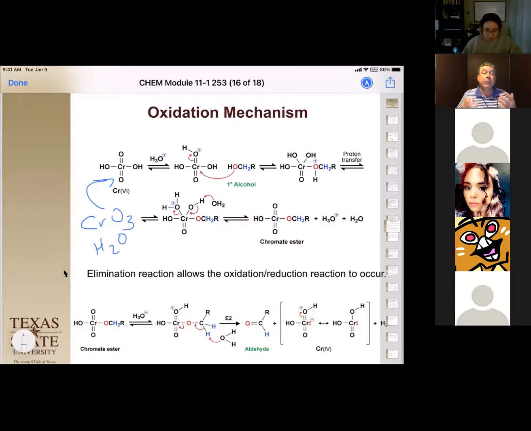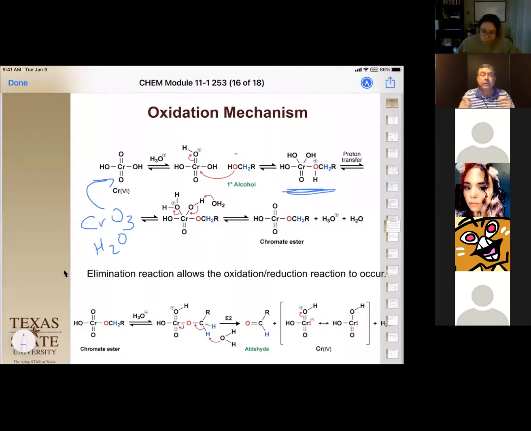Now, if we protonate that chromic acid, it becomes very susceptible to being attacked by the oxygen of our alcohol. Why? The chromium is a Lewis acid. The alcohol is a Lewis base. So the lone pair on the alcohol is going to act as a Lewis base and bind to the chromium. That's going to give us our initial complex here.